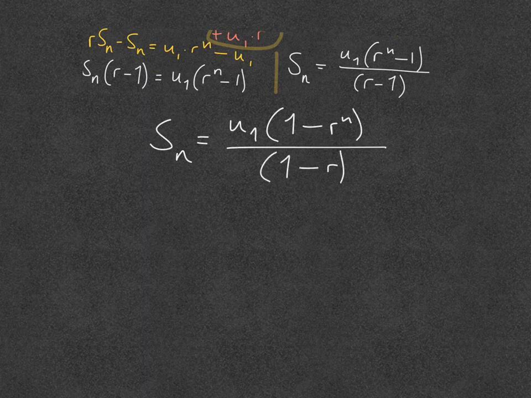You could check this and put in numbers and see what happens. It works out the same way actually. So you can use this formula instead, and that sometimes makes calculations a bit easier, especially when r is smaller than 1. If you have a common ratio which is smaller than 1, you might want to reverse the terms in the parentheses here.